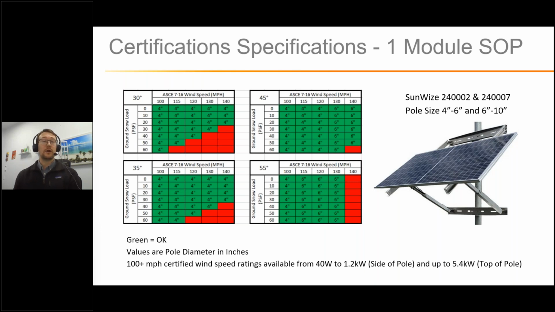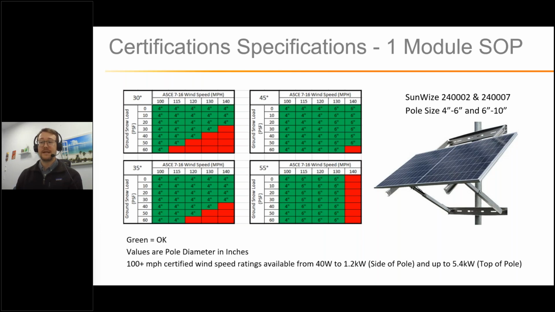Then looking at the rows, that is the rated ground snow load reference in PSF from 0 to 60. And in the columns, we have the various checks on whether the design is valid, as well as what pole size that valid design is around for wind speeds between 100 and 140 miles an hour in this case.